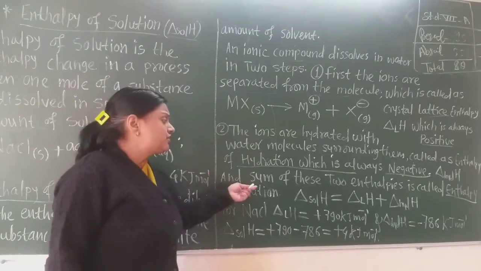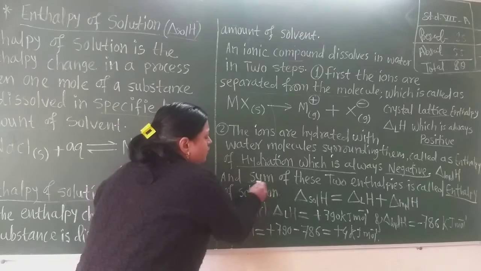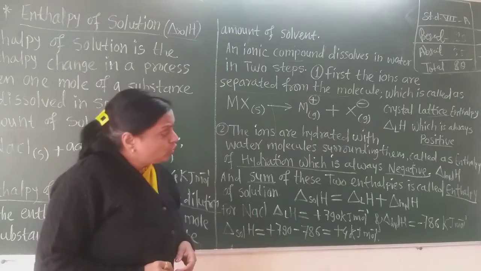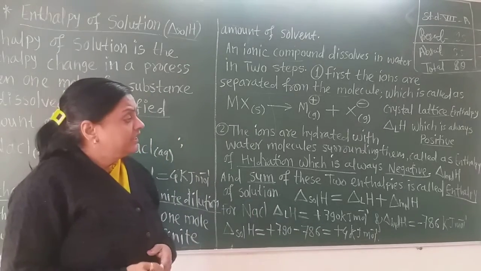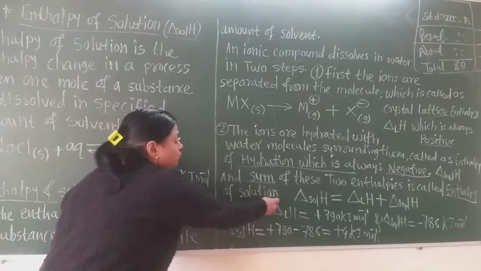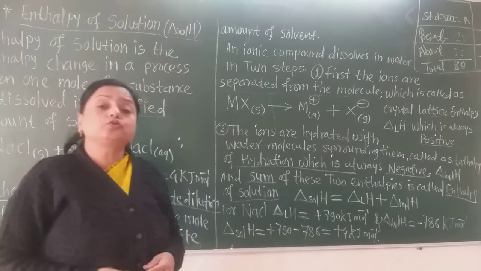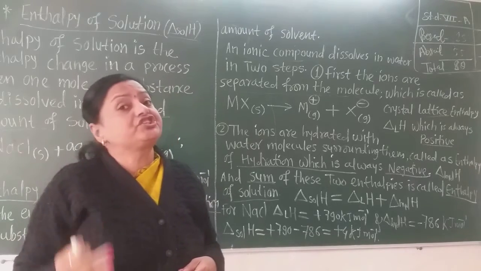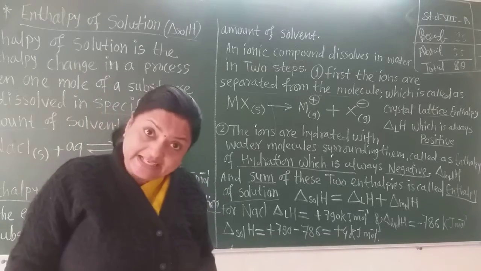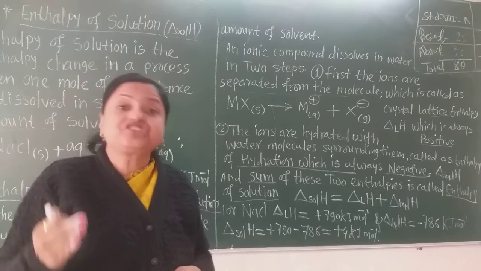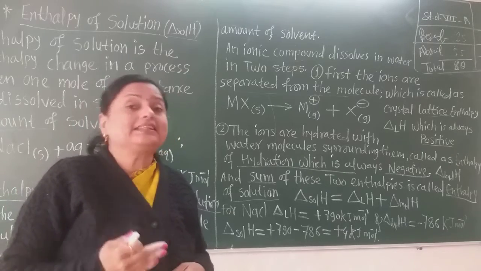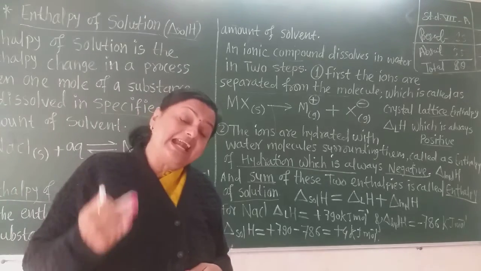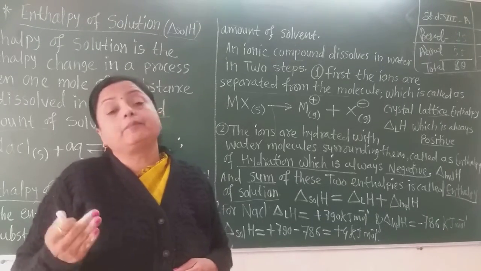And the addition, or sum, of these two enthalpies is called the enthalpy of solution. Remember that. What is the enthalpy of solution? It is the sum of the crystal lattice enthalpy and the enthalpy of hydration. When we add them, we obtain the enthalpy of solution.